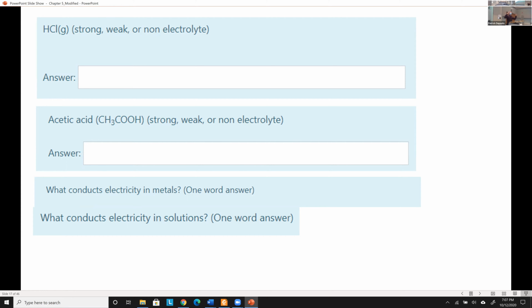Ions, because the presence of the ions in the solution allows it to be an electrolyte. So that's how the electricity is moved. Whereas in one big piece of copper wire, the electrons are freely going through it. So that's what makes it conductive.